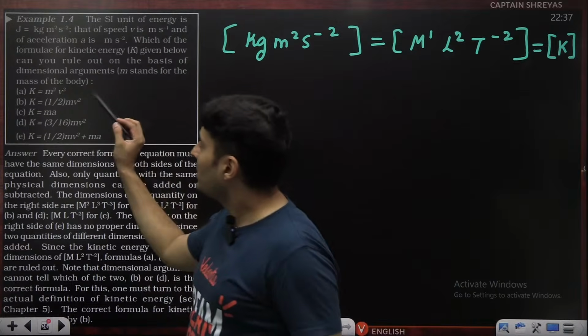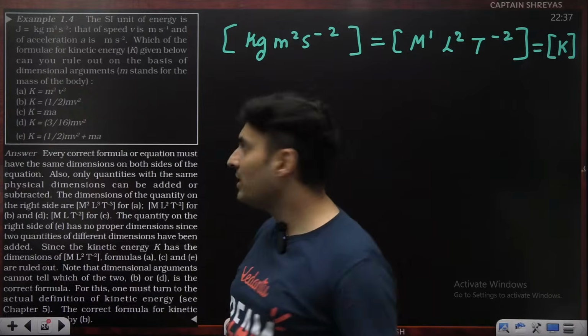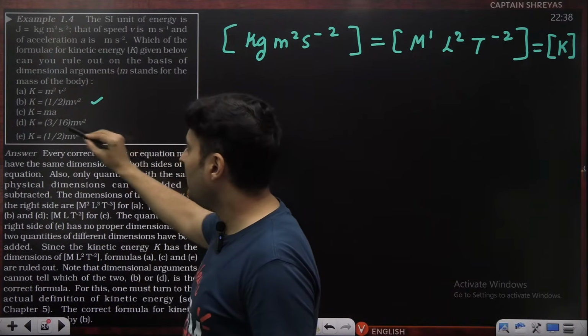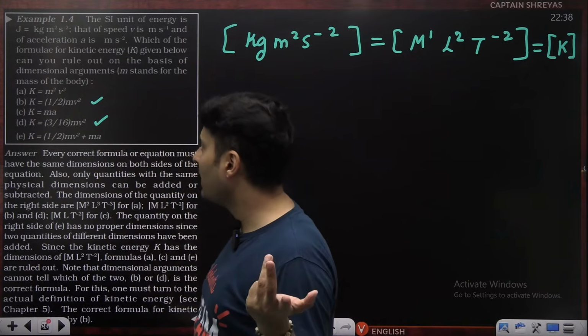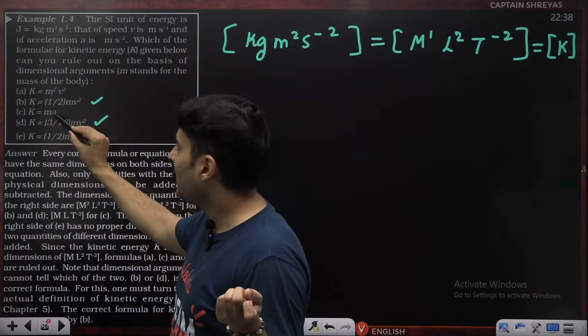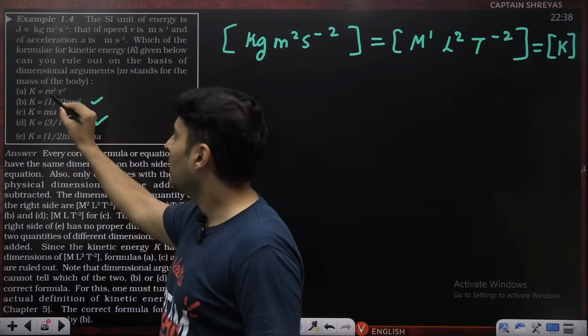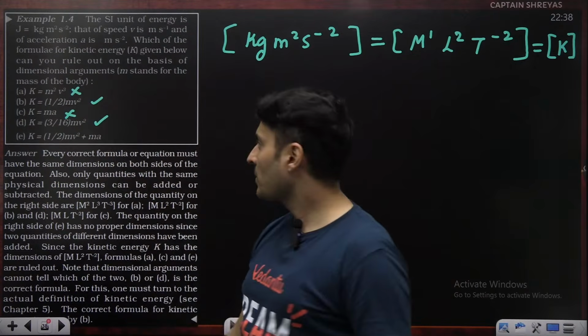So when you think about it carefully, if you know kinetic energy formula is half mv square, this can be correct. 3 by 16 mv square, 3 by 16 is a number, so mass into v square can be correct. But m into a, if you try it dimensionally, it will never ever be correct. M square v cube will never ever be correct dimensionally.